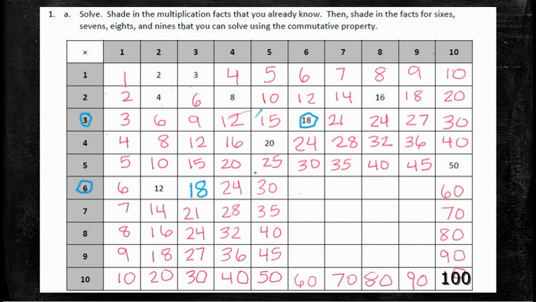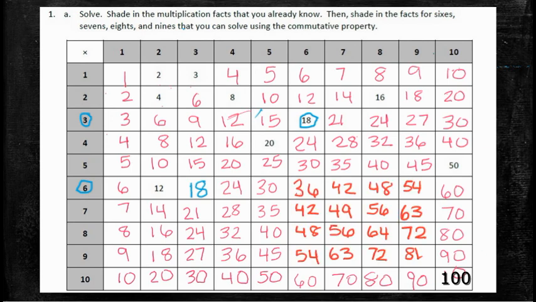I am going to go ahead and complete this multiplication chart. Go ahead and fill this in. All right. The multiplication fact chart is completed.